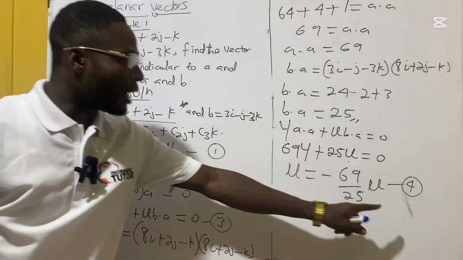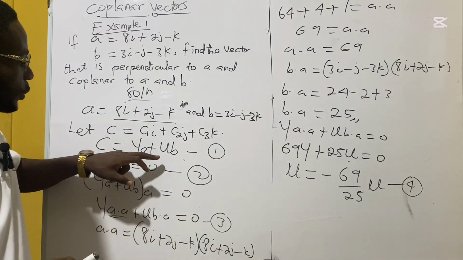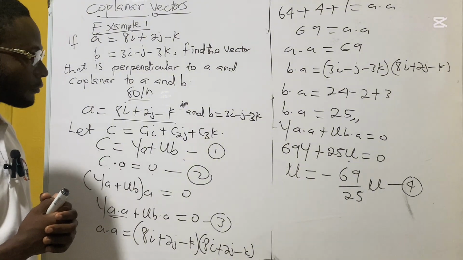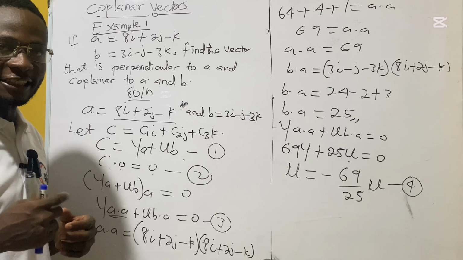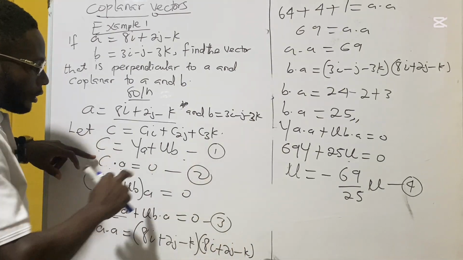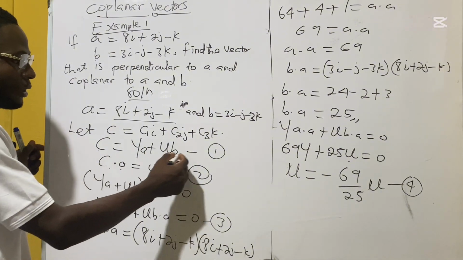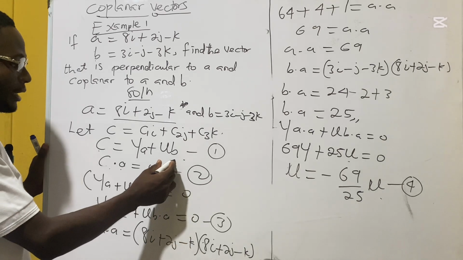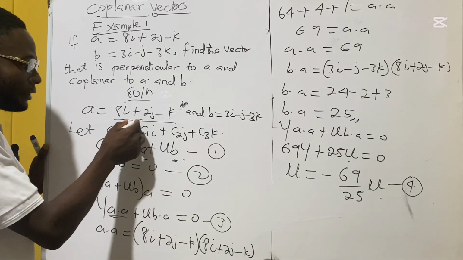Now we have equation 4 here, and we have equation 1. So what can we do? The game is getting interesting. What can we do here? Oh, we can substitute equation 4 into equation 1 here, and we know our A here.